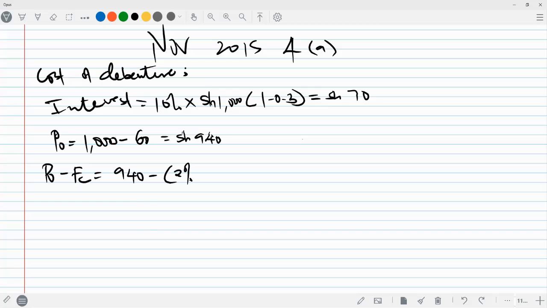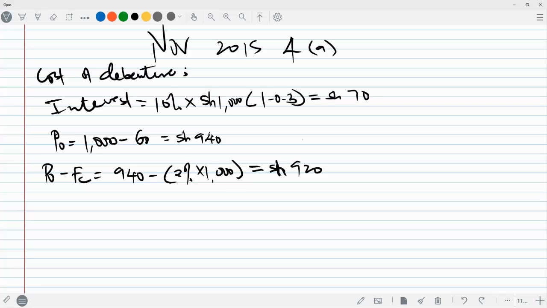I suppose they mean 2% of the face value of 1,000, times 1,000, to give us 920. Confirm. $920, okay. That's the amount received net of the issue cost.